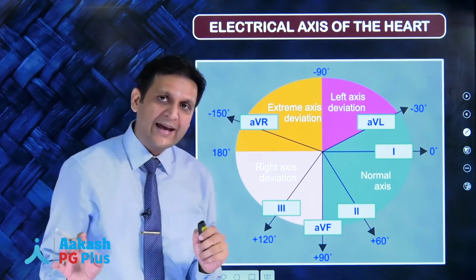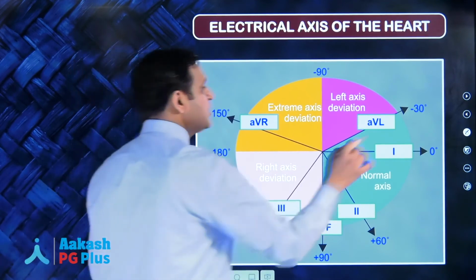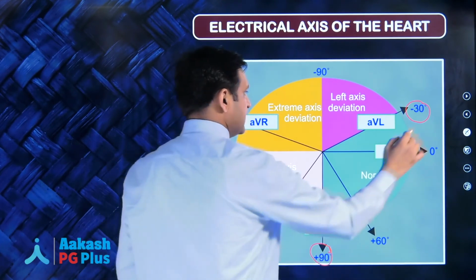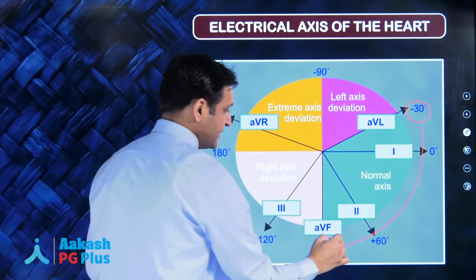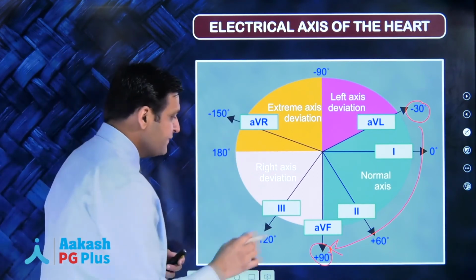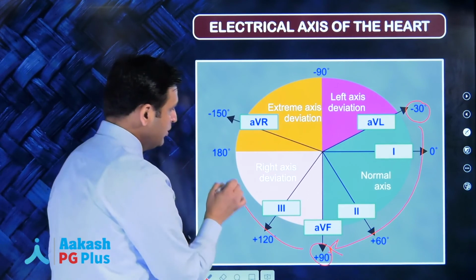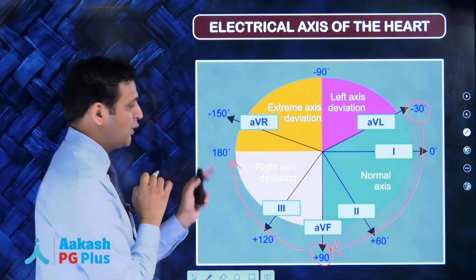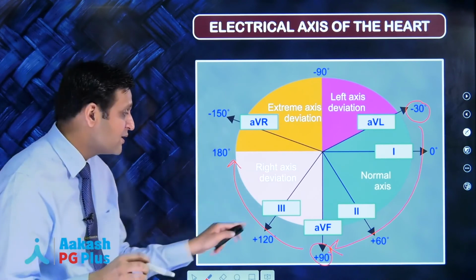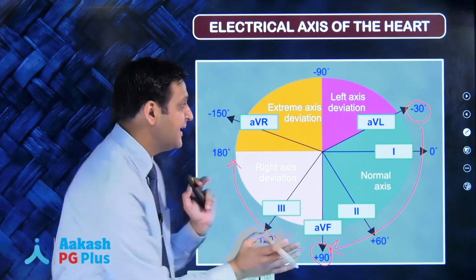So the normal axis of the heart is between -30 to +90 degrees. That is the normal electrical axis of the heart along the vertical plane. If the axis goes from +90 to +180, it will be right axis deviation. For example, in the question that we discussed, the axis was +150, so that will be right axis deviation.